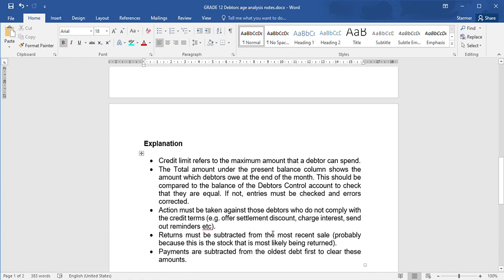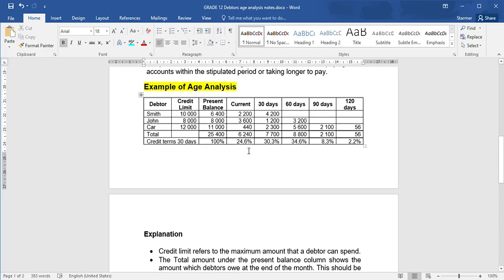And then just one other thing. If you were drawing up this debtor's age analysis, anything that the debtor returned, you would subtract from the most recent balance. The reason for that is because those are far more likely to be the stock that's being returned. So if this debtor here returned stock for 200 Rand, you would subtract it from this 2,200 Rand because he's not going to be returning stock that was sold to him several months ago.